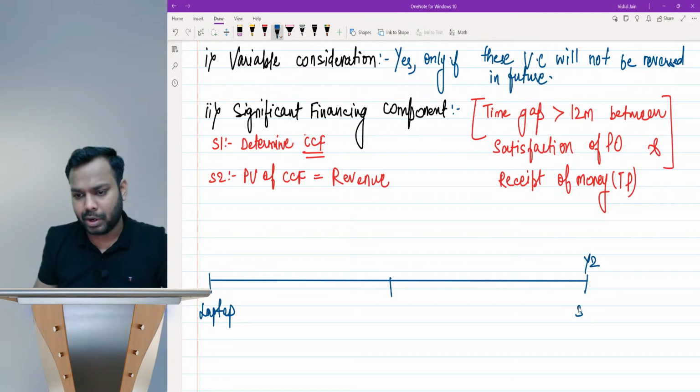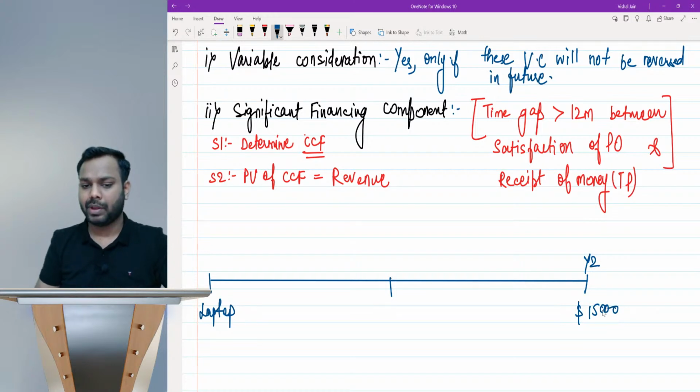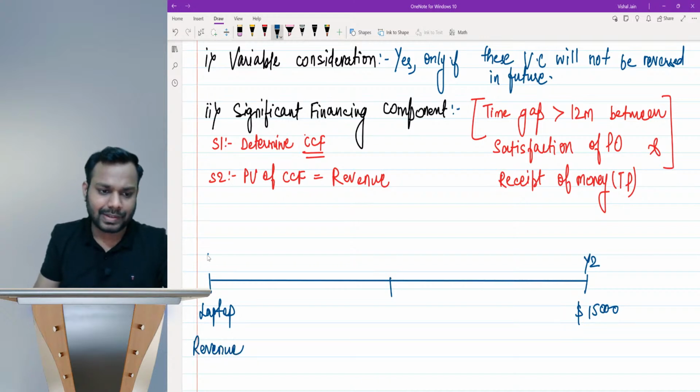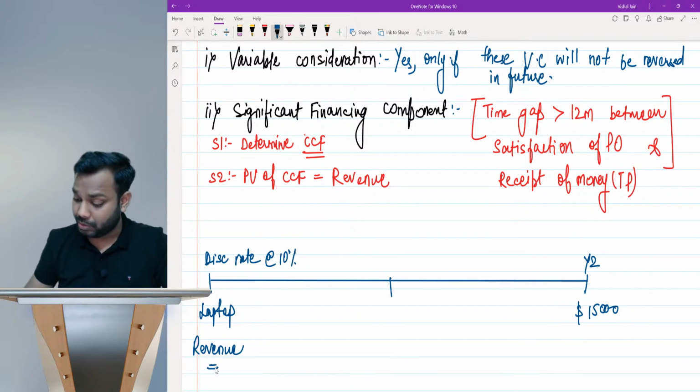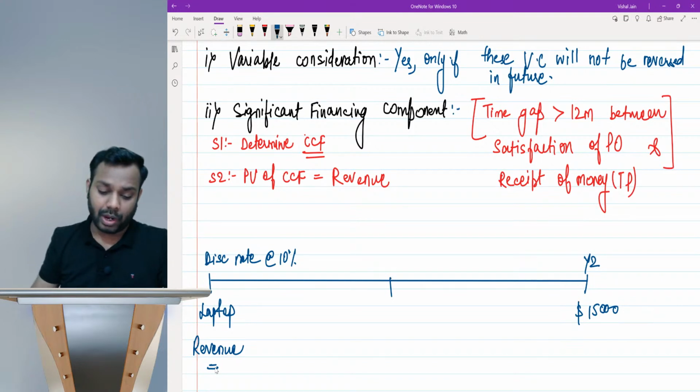That is, $15,000 will be received by the entity. Then what is the revenue to be recognized? Let's suppose the discounting rate given in the question is 10%. The present value of 15,000 at the rate of 10% is 12,400. That is the amount of revenue to be recognized.